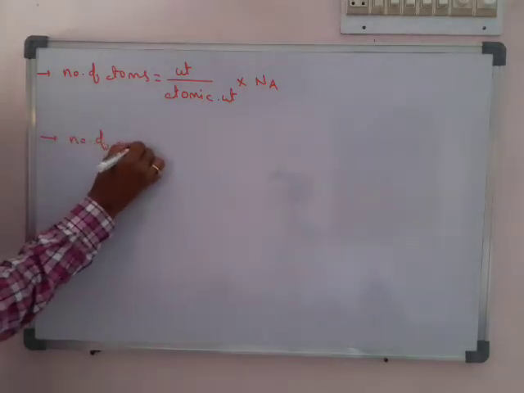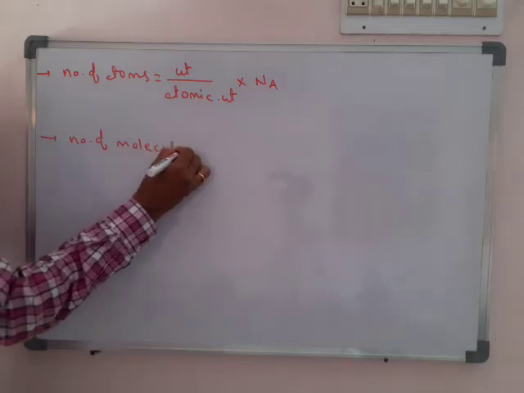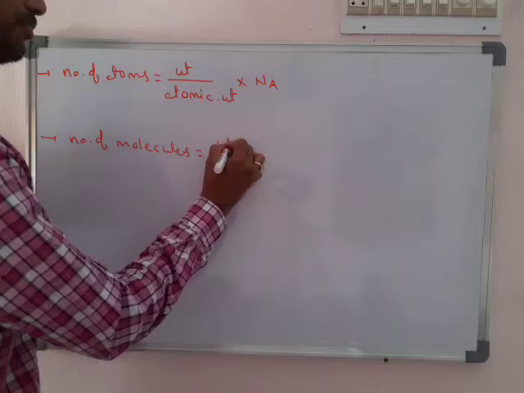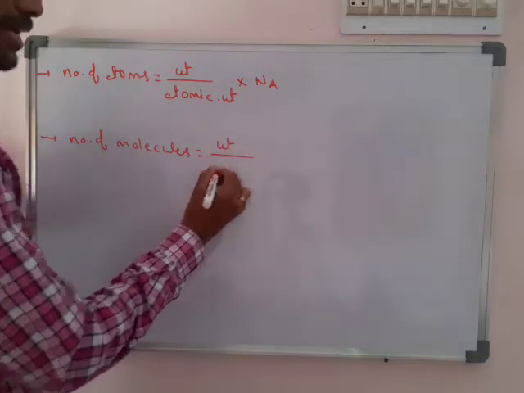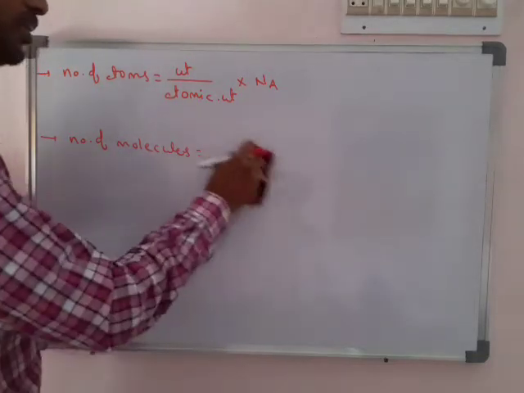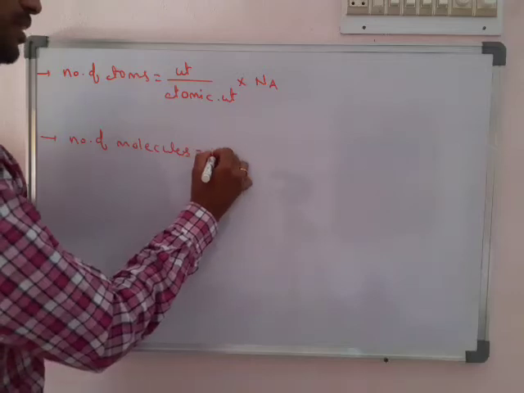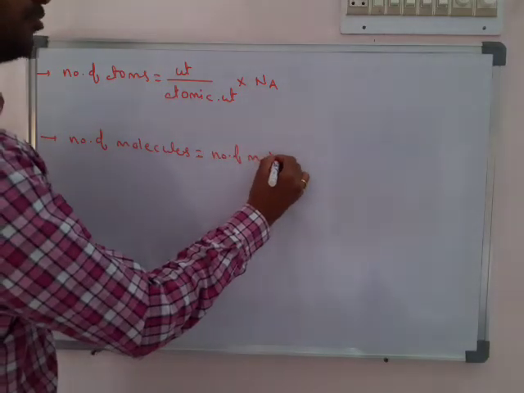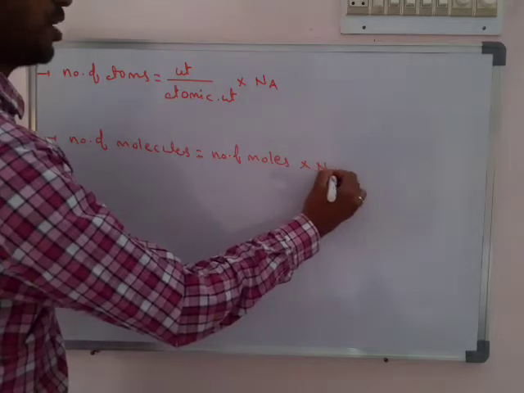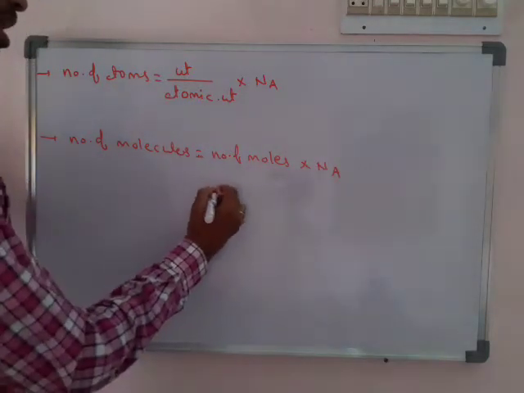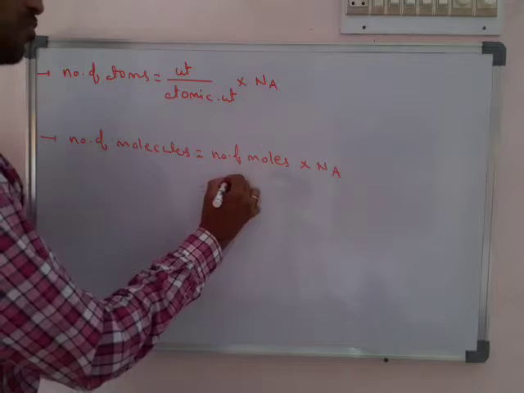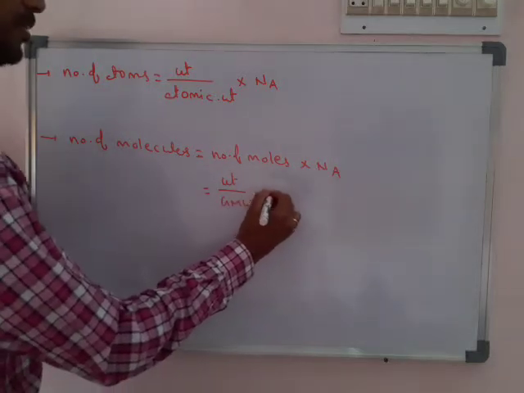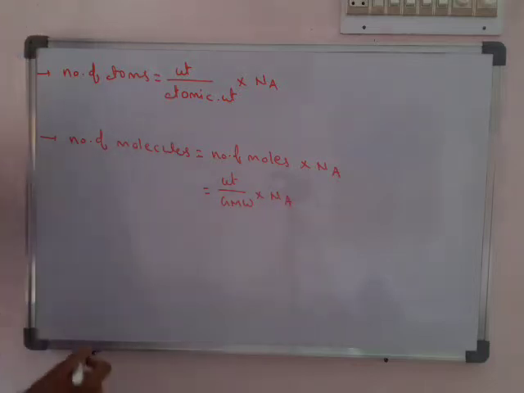For the number of molecules, we have a direct formula: number of moles into Avogadro's number. In terms of weight, the number of moles is the weight divided by the gram molecular weight, into Avogadro's number.